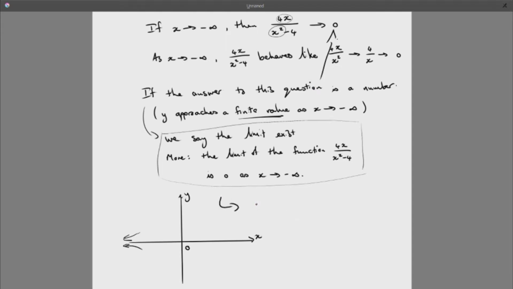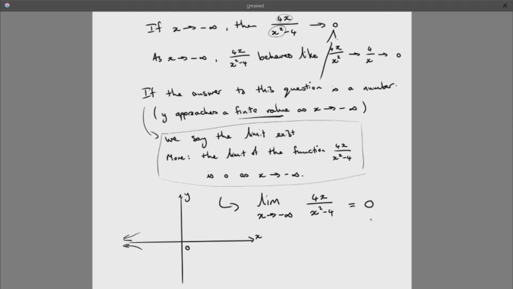The short way to write that is LIM for limit. Underneath that, I'm going to say what x does in this case. And of course, x is going to do different things in different examples. Then I'm going to write my function. And then I'm going to say what that equals.